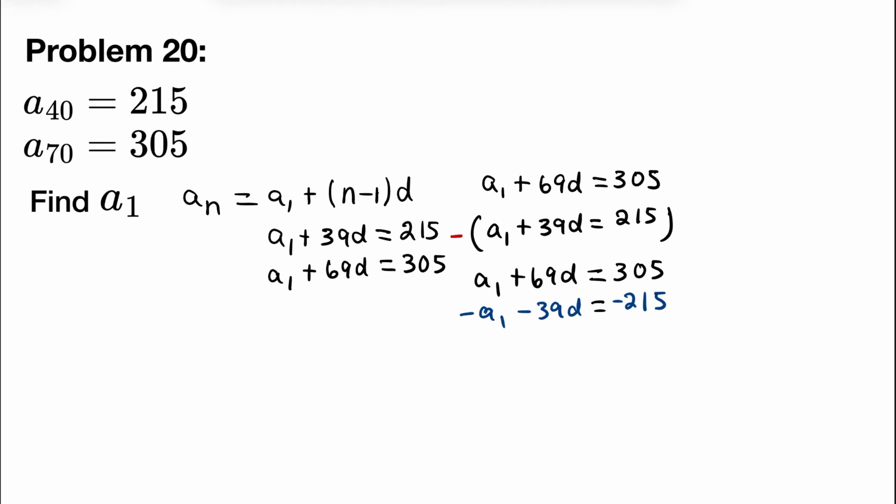Okay, and so we see here that our a sub 1s cancel out, and we have 69d minus 39d, which is 30d, equals 305 minus 215, which equals 90. We're going to get d alone by dividing by 30 on both sides. And we see here that d equals 3.